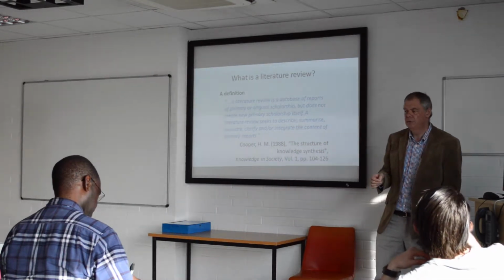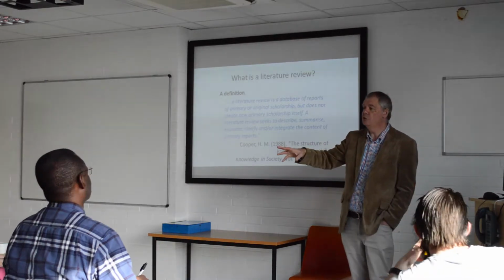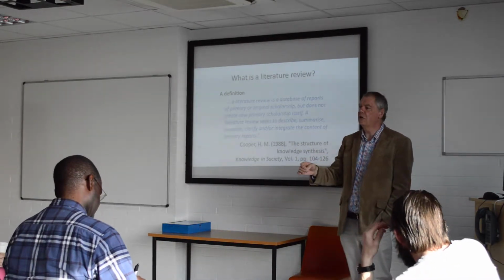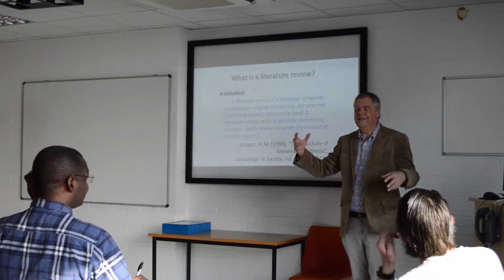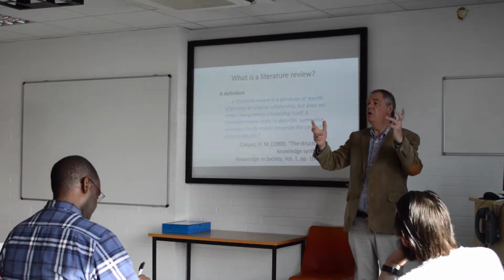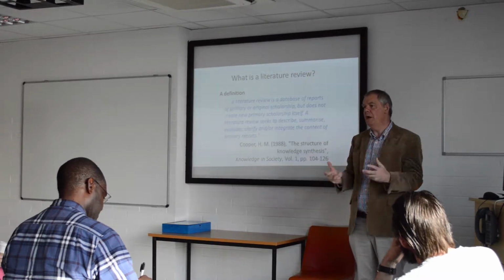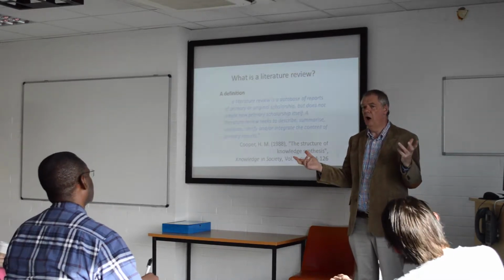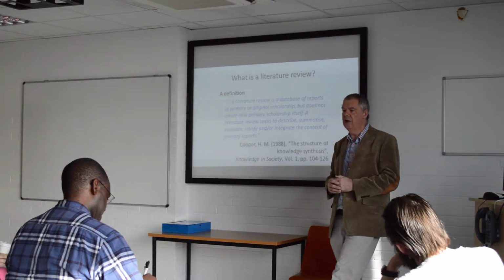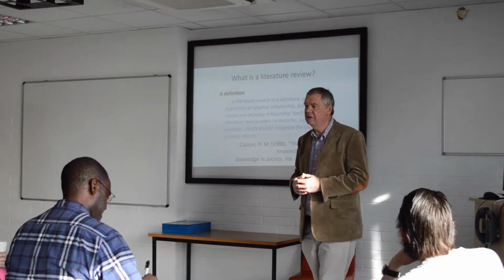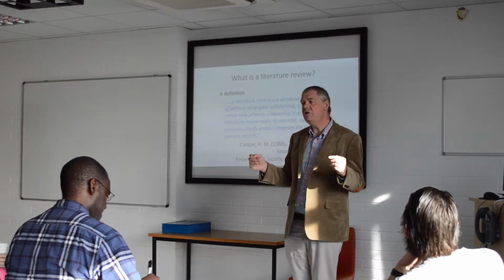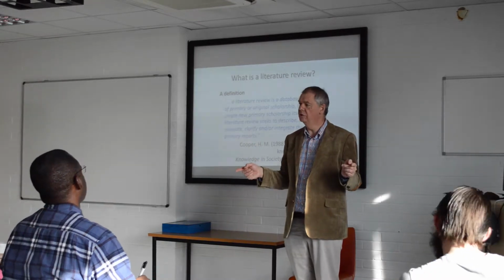Secondary scholarship, and this is the stuff that we're mostly engaged with at the master's level, secondary research is a gathering together of all those primary resources, sifting them, comparing them, and coming up with a kind of review of all the work that other people have done. And in that sense, it is research because it's new, but it's new to you, not necessarily new to the world.